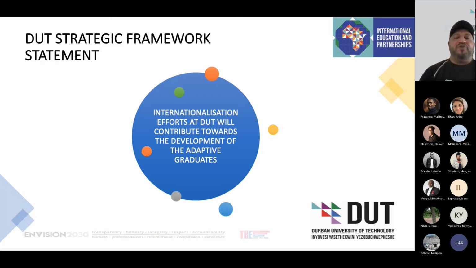It's about preparing them to work in a world where the skill set is different. Those transversal skills are so important, and COIL plays a very important role at DUT in getting our students towards becoming adaptive graduates that have these transversal skills before leaving the university. Next slide.